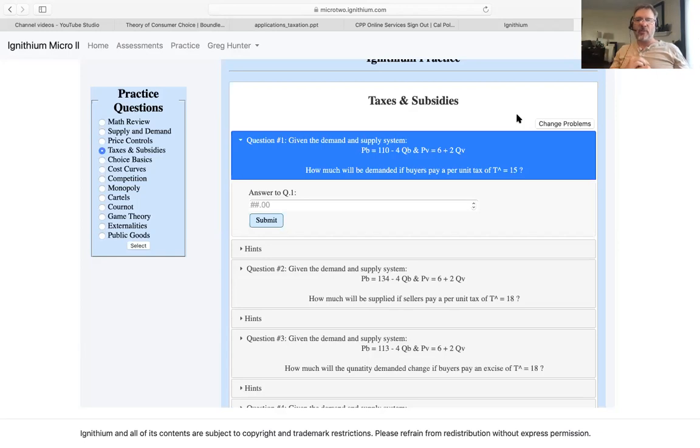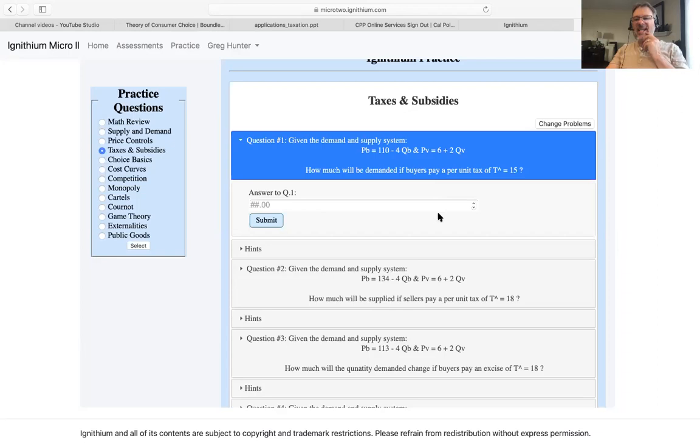So I always just put the tax on supply, even though I know if I modeled it on demand, it would end up being the same. It's just the diagram is going to look different. So if you pay attention to the lectures, that's one of the big ideas that you guys will figure out.